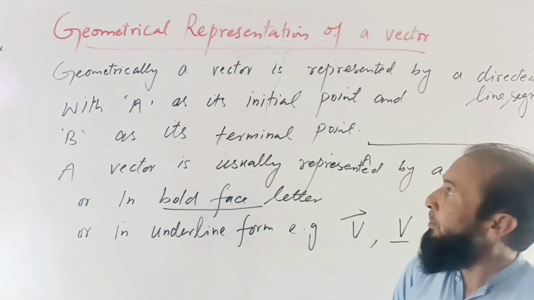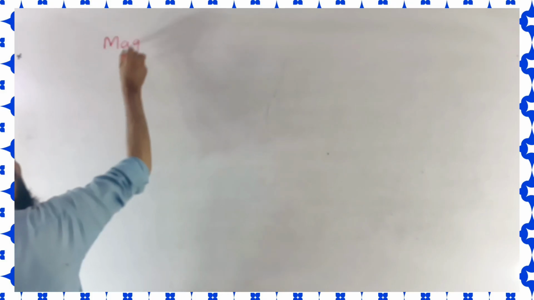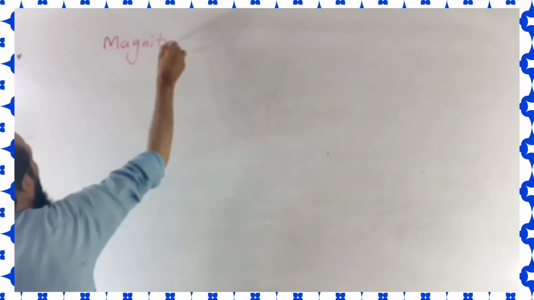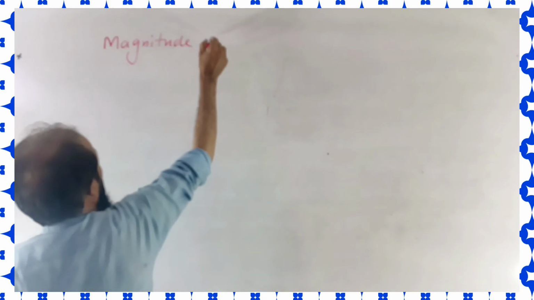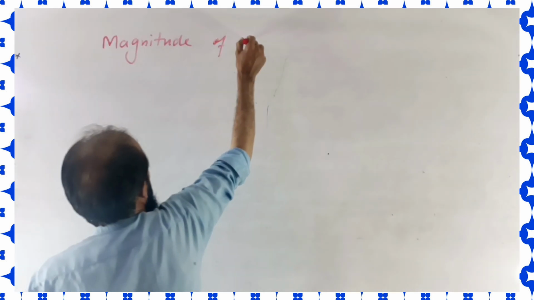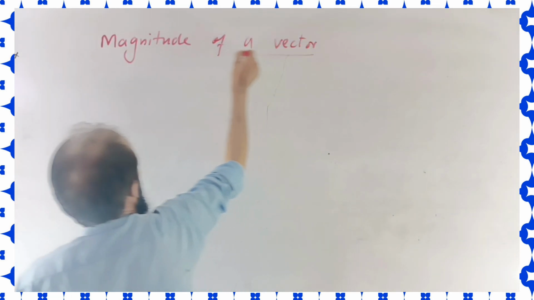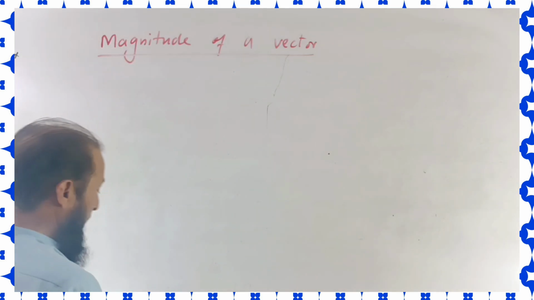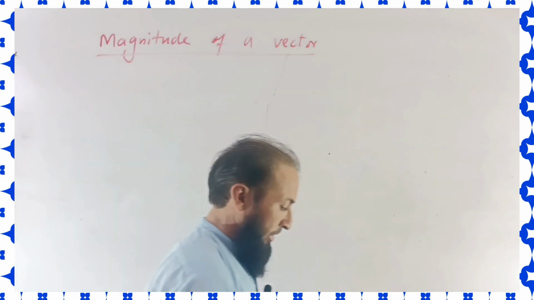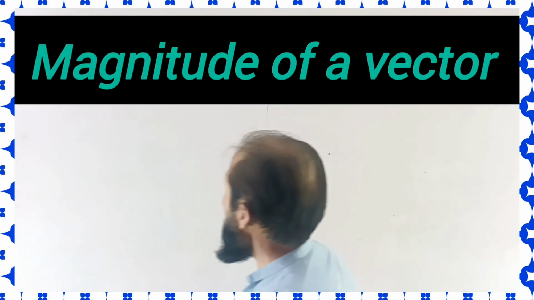Next, the magnitude of a vector. I have already discussed magnitude in the vector definition.